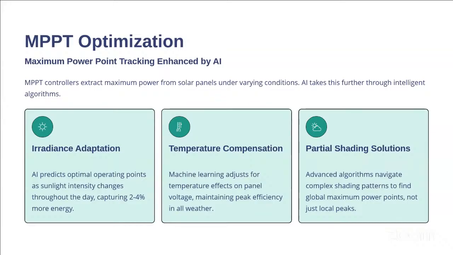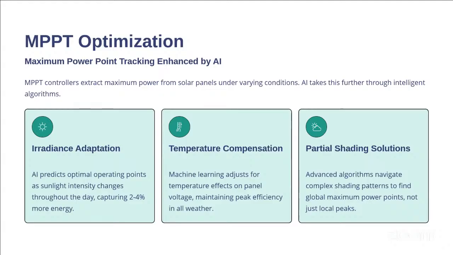So for this MPPT controller, we are applying AI algorithms, artificial intelligence techniques, that is, machine learning algorithms. The three things it tracks are irradiance adaptation, temperature compensation, and partial shading solutions.